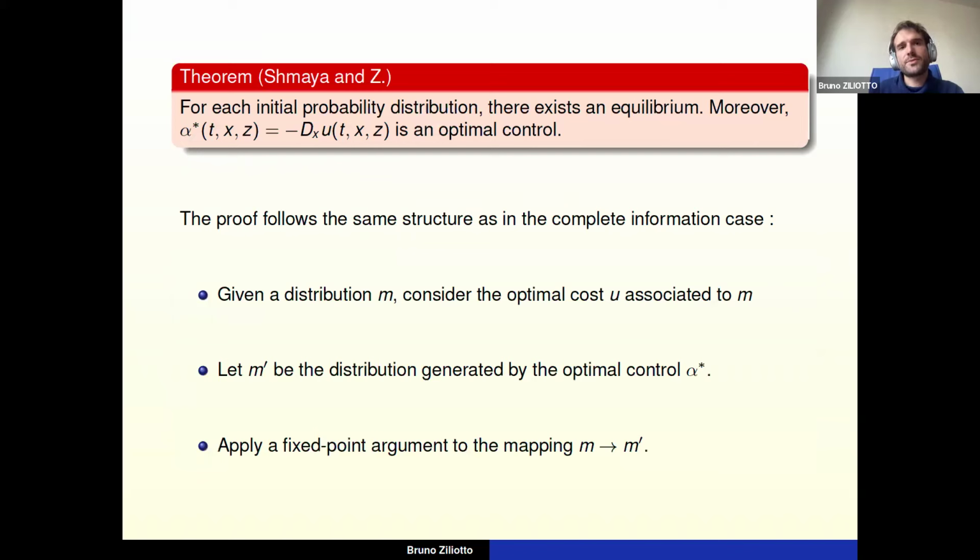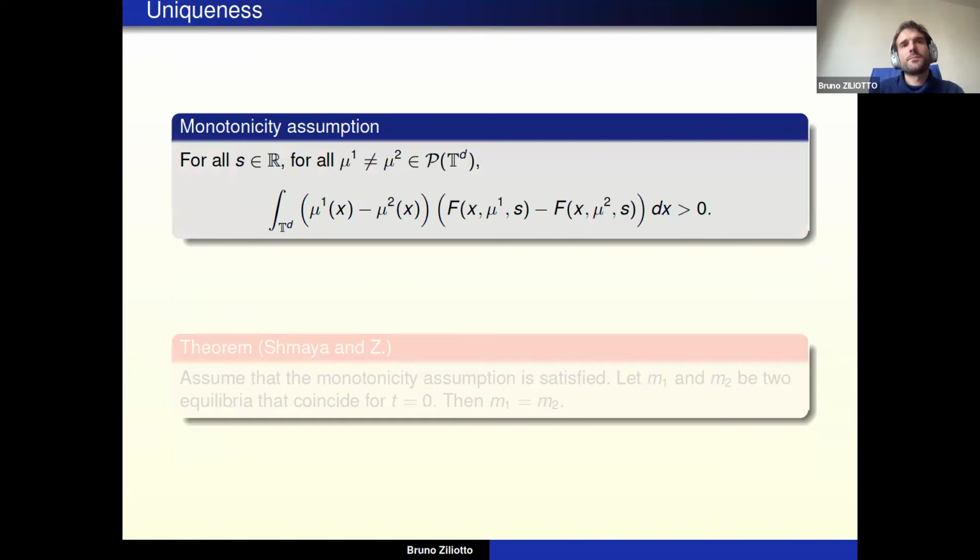Now, I think uniqueness is somehow more surprising. As in the standard case, we need a monotonicity assumption that is written there. In the standard case, this monotonicity assumption ensures uniqueness of the solution of the MFG system, and in our case it's enough to assume that the same monotonicity assumption is satisfied state by state.